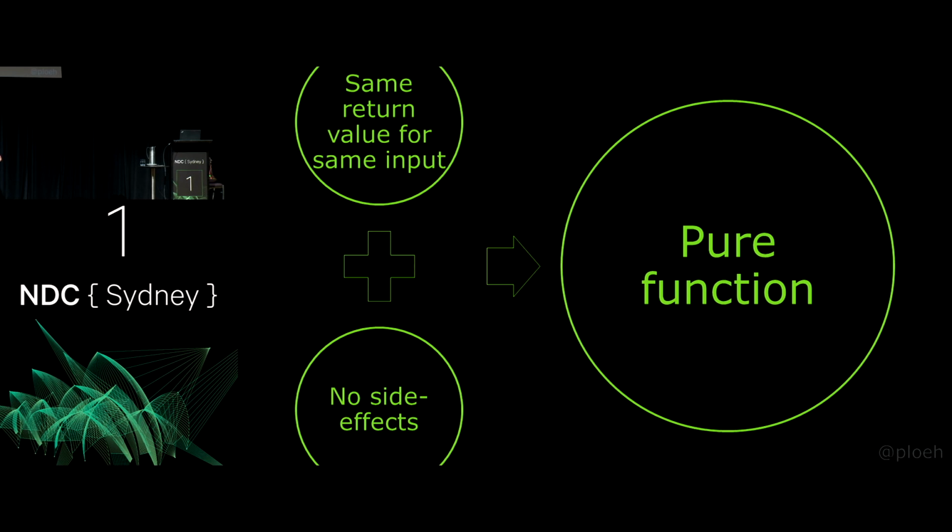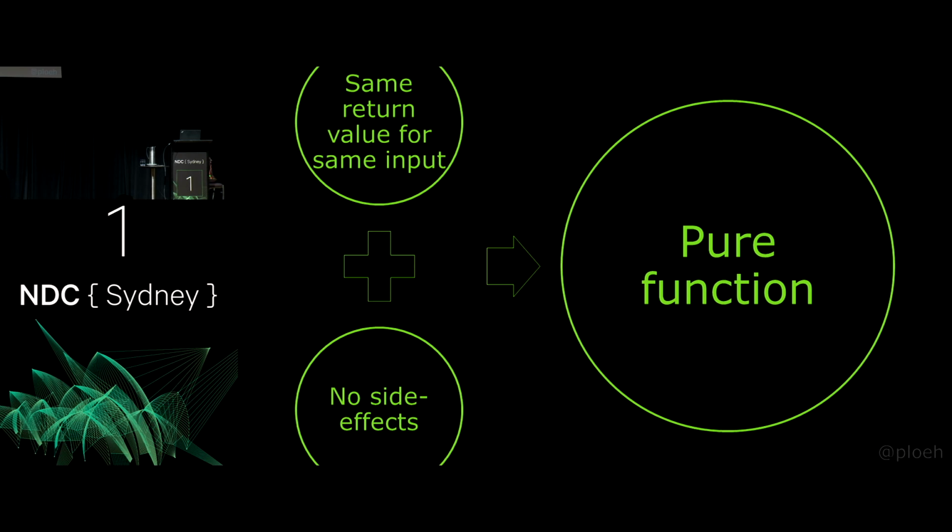So you probably go, but side effects, all software development is basically all about doing side effects. When we create software, we want to print new UI on the screen of the user. That's a side effect. We want to send off emails. That's a side effect. We want to put things into a database. That's a side effect. How would we ever be able to do something if we can only do pure functions?